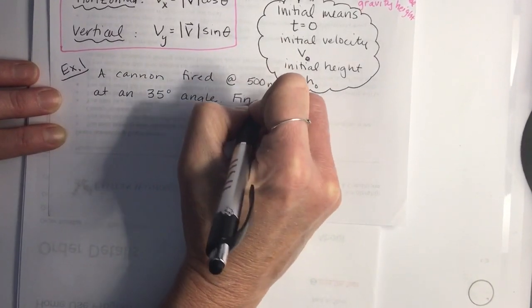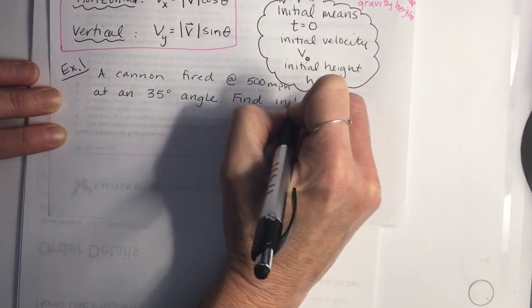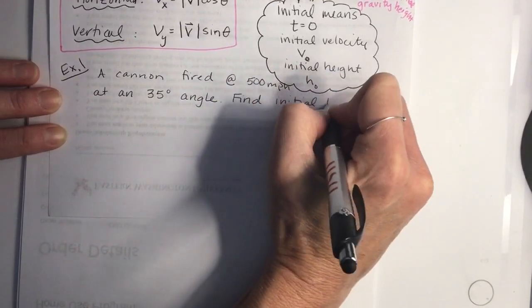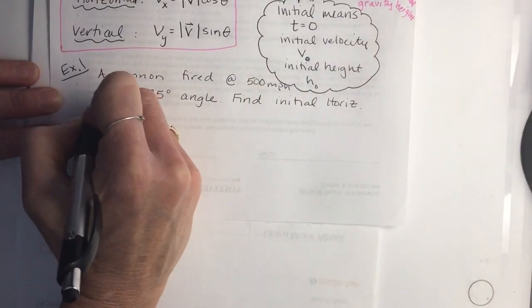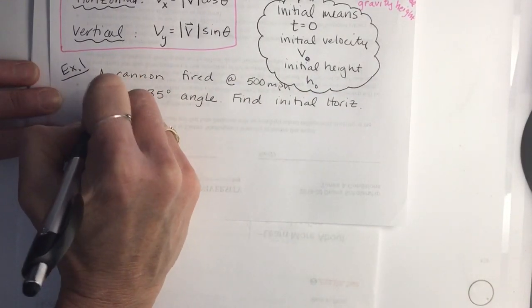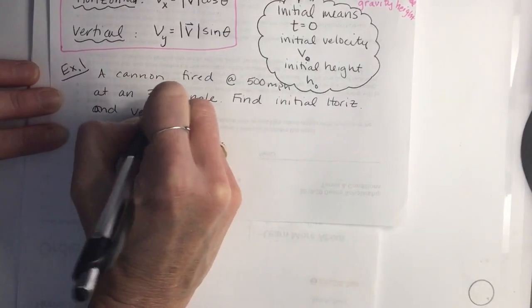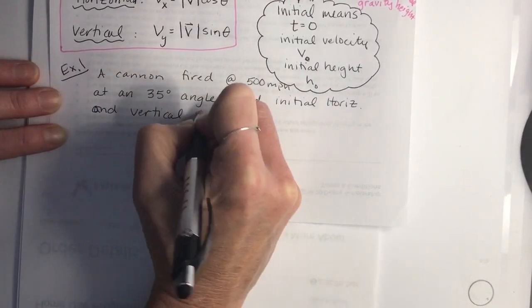Find initial horizontal and vertical velocity.